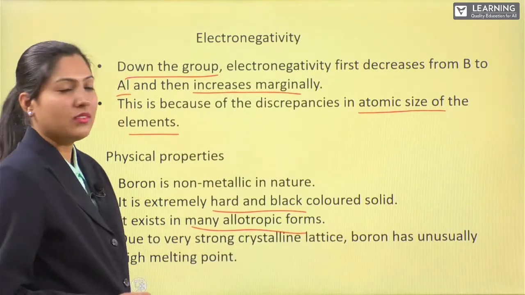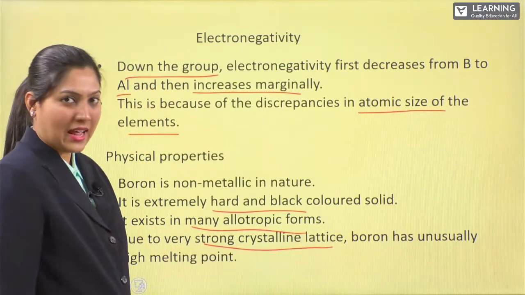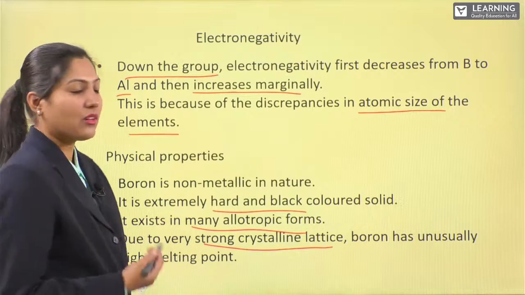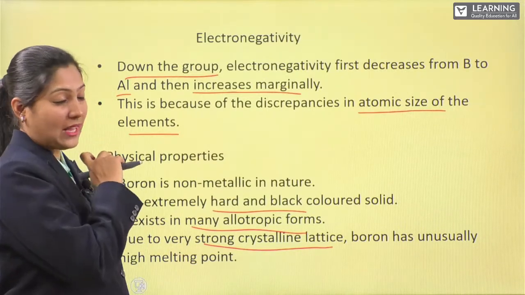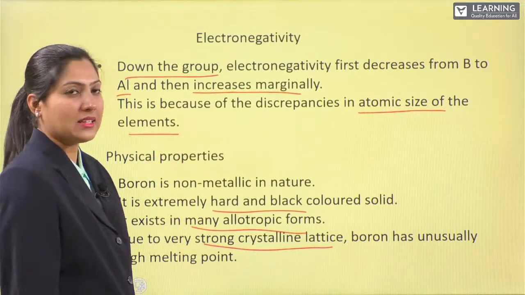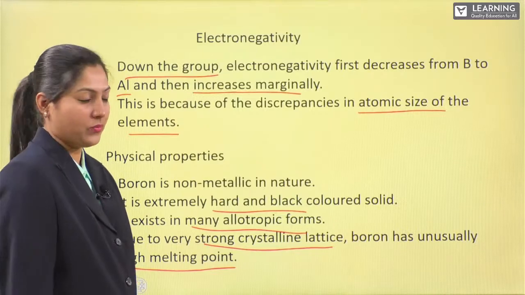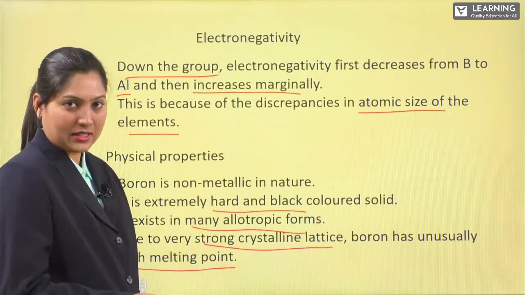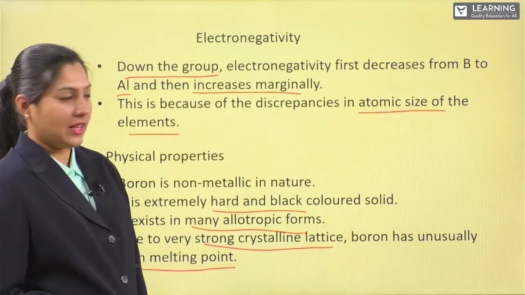Mainly, we have a strong crystalline lattice, due to which it can form allotropes. Boron has an unusually high melting point. So it is a hard solid with a high melting point, and it has allotropes.